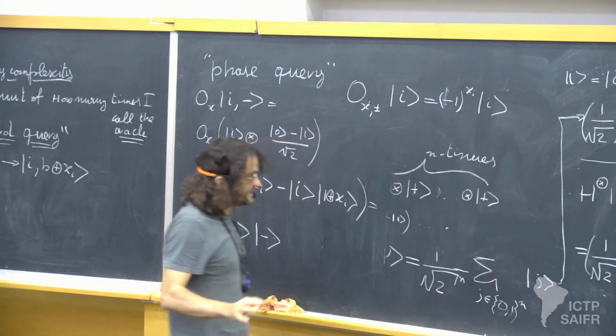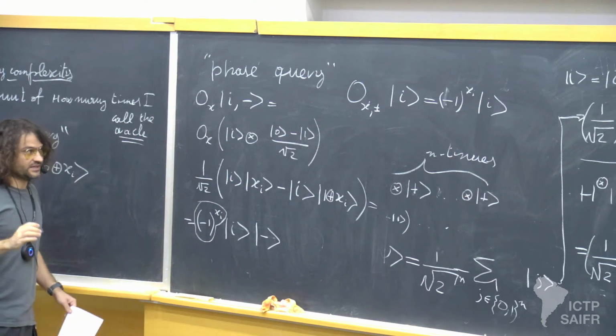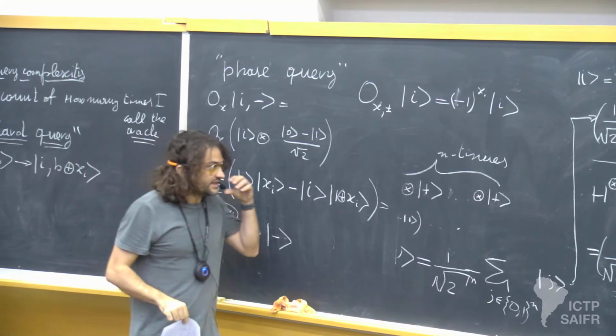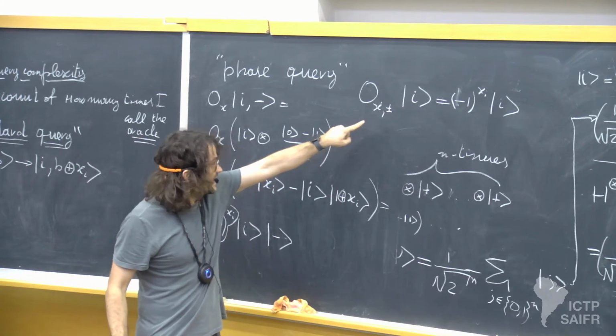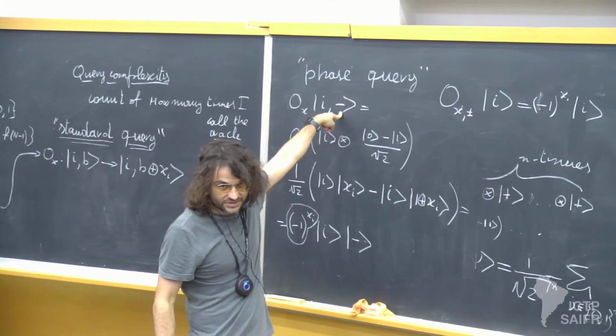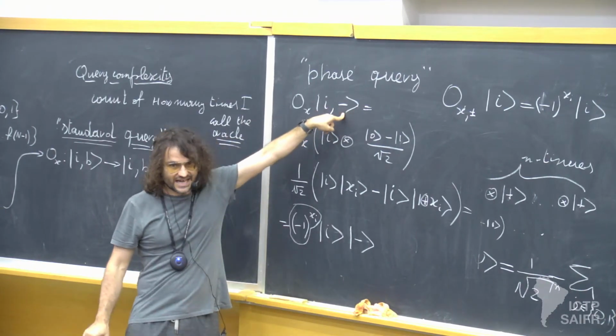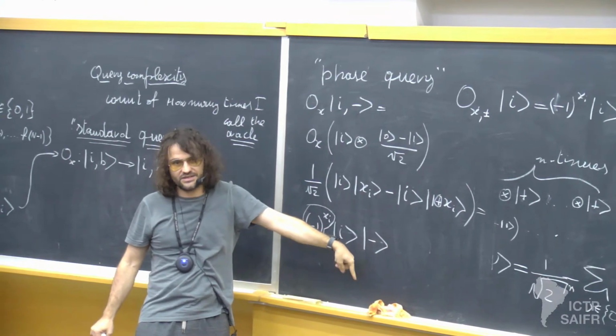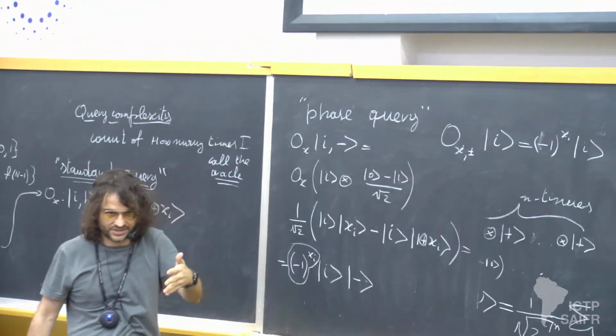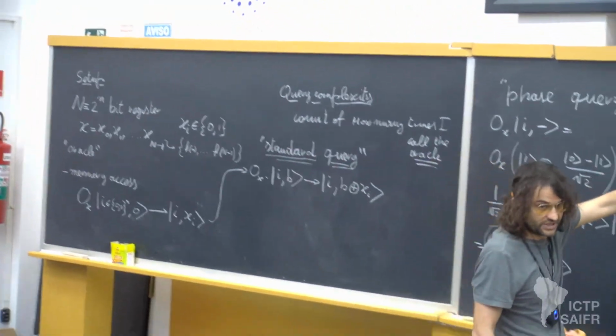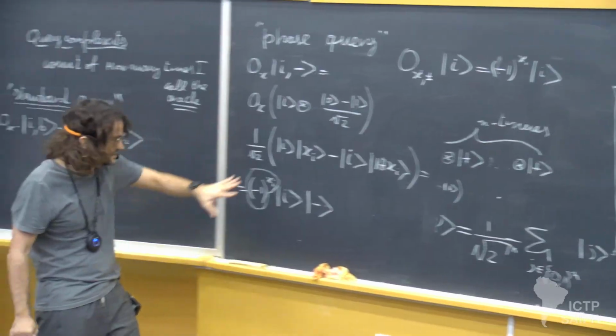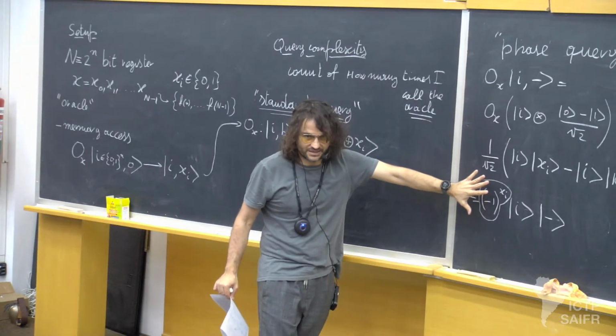But pay attention, this, technically speaking, is an abuse of notation, in the sense that this query is actually acting on |i>|minus>. It's just that minus starts in minus, ends in minus. You can forget about it, but it's an abuse of notation. The real machinery is this one.